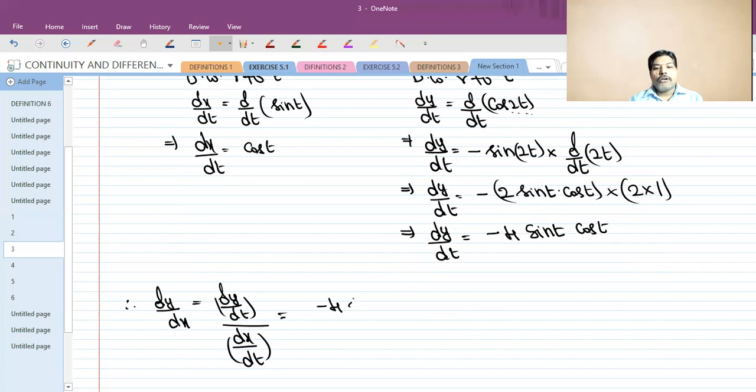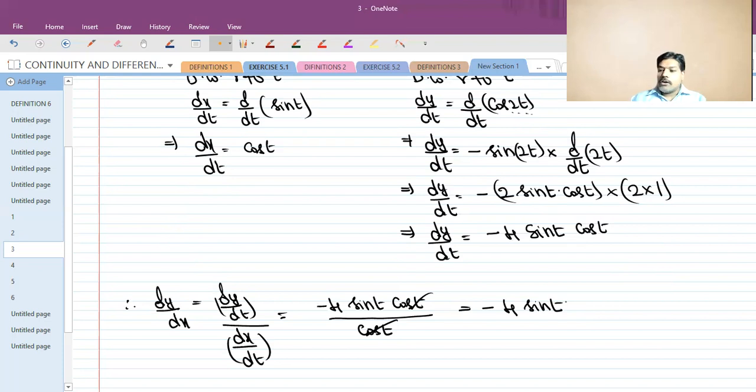Minus 4 sine t into cos t by, what is the dx by dt, students? That is nothing but cos t only. Cos t will be cancelled. So finally you will get minus 4 sin t.